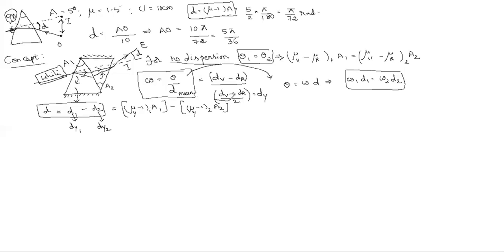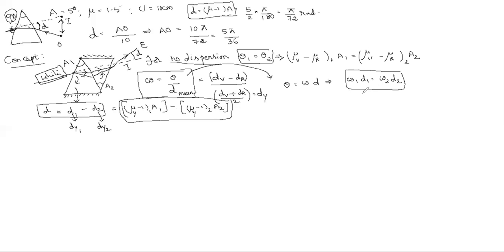Is it clear? Here we can't take anything common, because this is A1 and that is A2. Even if you expand this term, nothing will cancel, so we keep it like this.